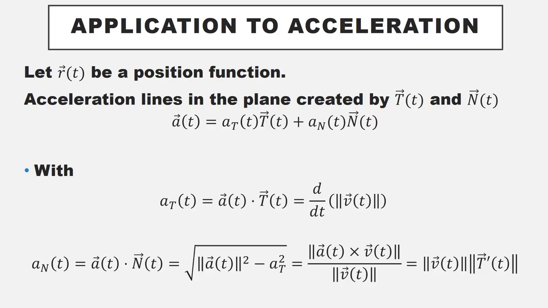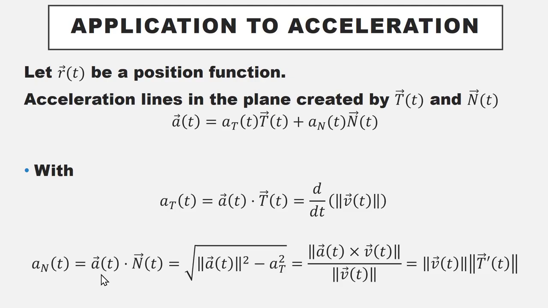So if I take the derivative with respect to t of speed, it turns out I can find the a sub t that way as well. I'm not going to prove this in general, but you could, if you wanted to, show this if you work through what acceleration does and what unit tangent does and what this magnitude does.